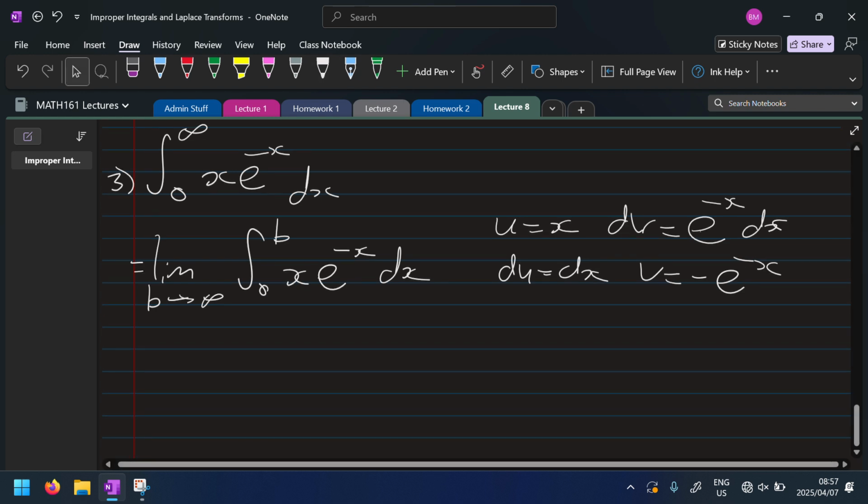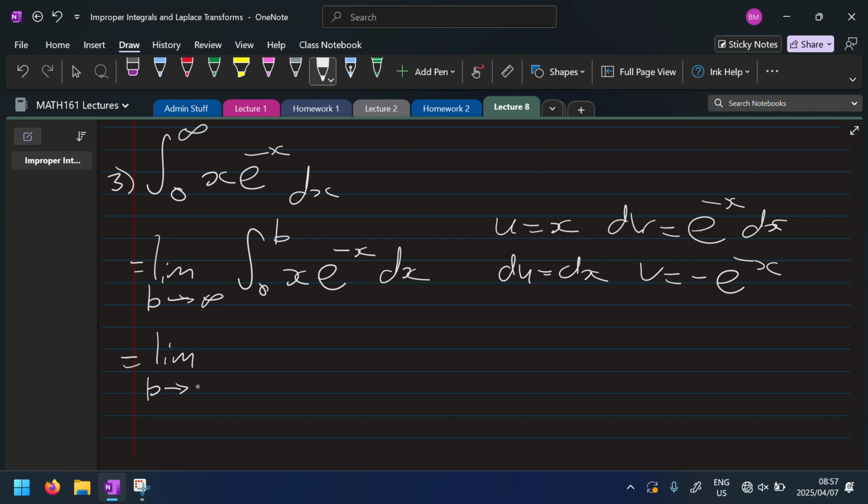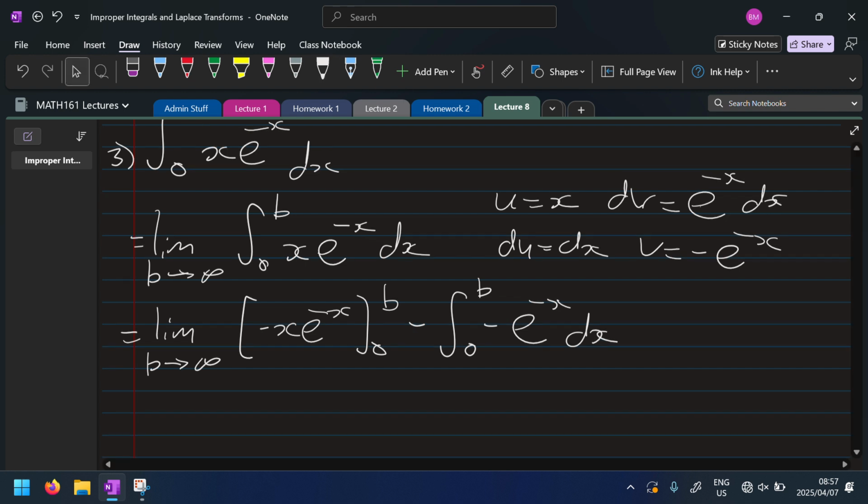So this is going to end up being equal to the limit as b goes to infinity of uv, so that will be minus x e to the minus x from 0 to b. Again, no infinities anywhere there. The limit is done at the end. So we're still going from 0 to b. Then it's going to be minus the integral from 0 to b of v du, so that comes with the minus there, minus e to the minus x dx.